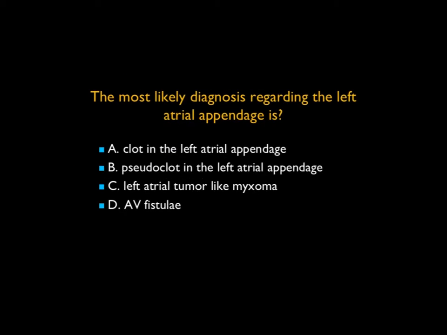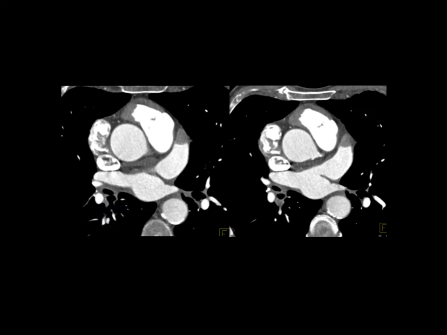The most likely diagnosis regarding the left atrial appendage. Well, you can see there's a filling defect in the atrial appendage, and that's what I'm asking you about. But if you notice, it's at the upper portion, or the apex, of the appendage. It's a flat line, and this is the classic appearance of a pseudoclot in the left atrial appendage.